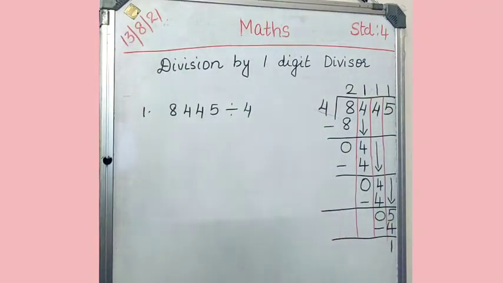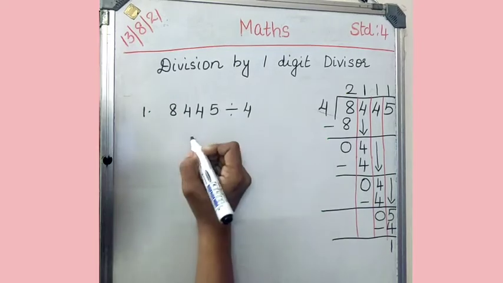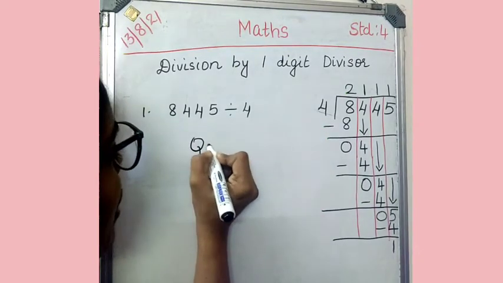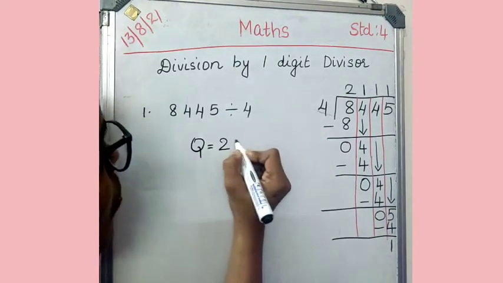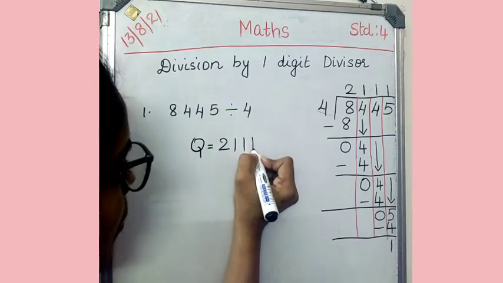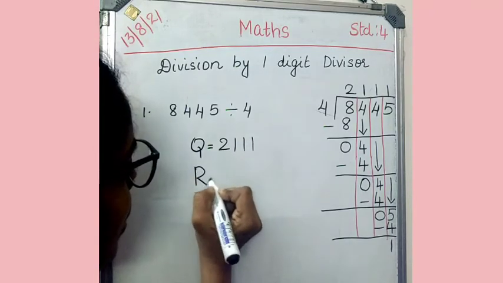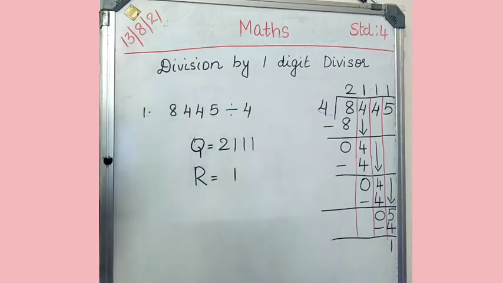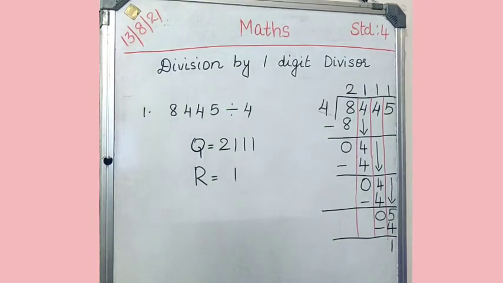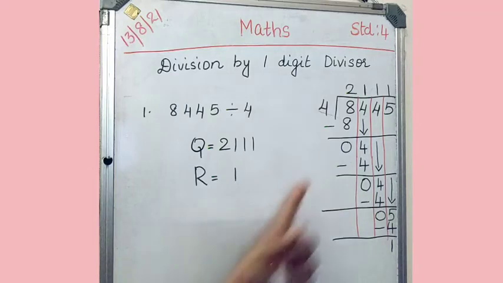So the division is completely over. We got quotient equal to 2111 and a remainder equal to 1.